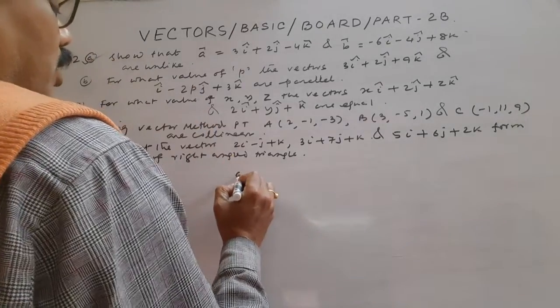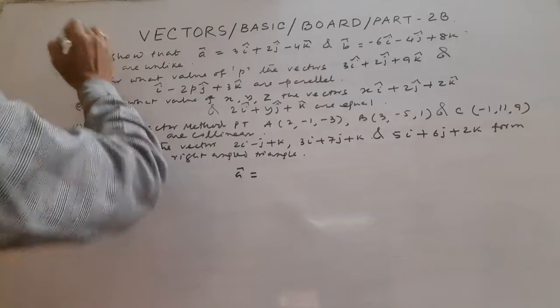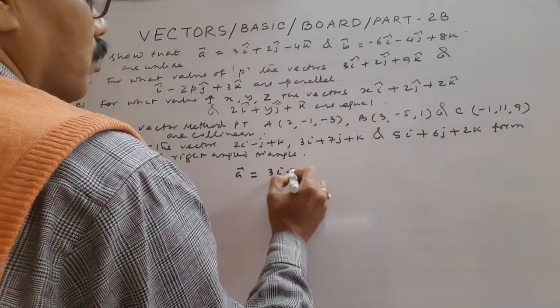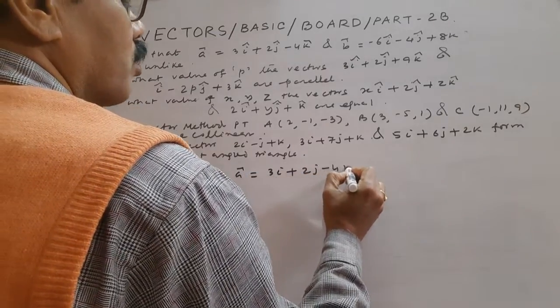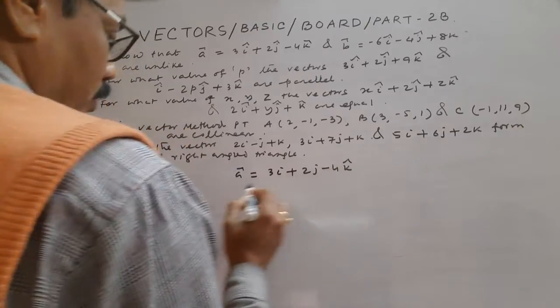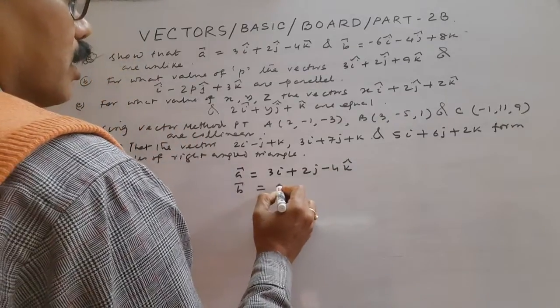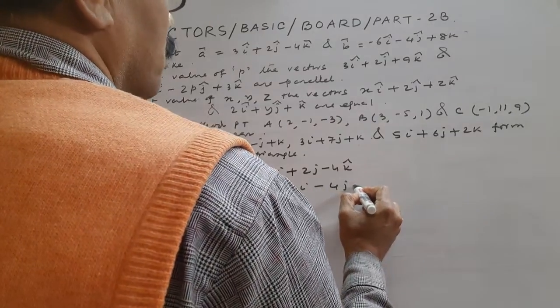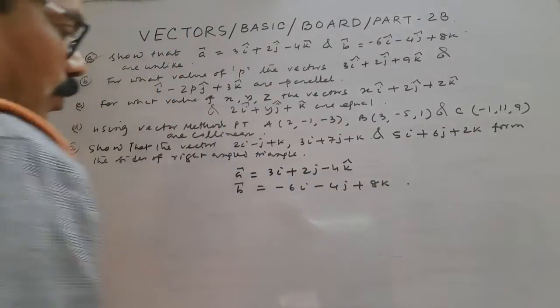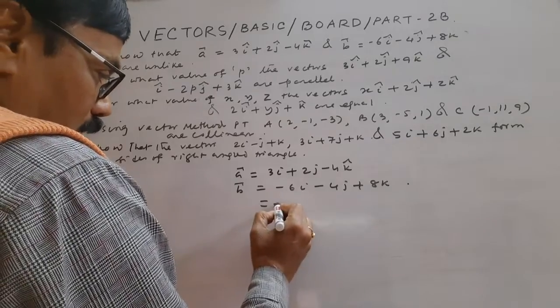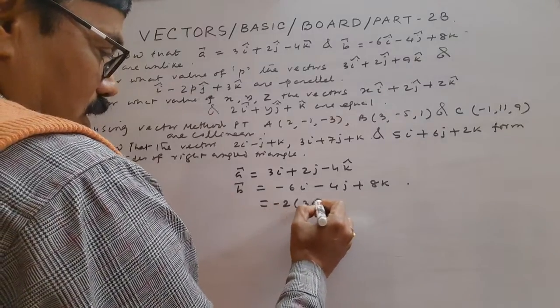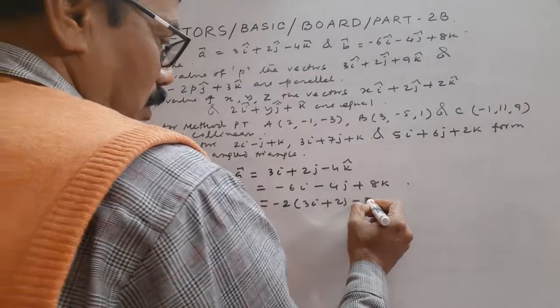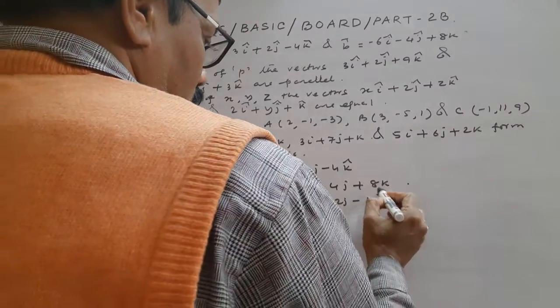So a vector equals, from problem number 1, 3i plus 2j minus 4k. Now what is b? Minus 6i minus 4j plus 8k.